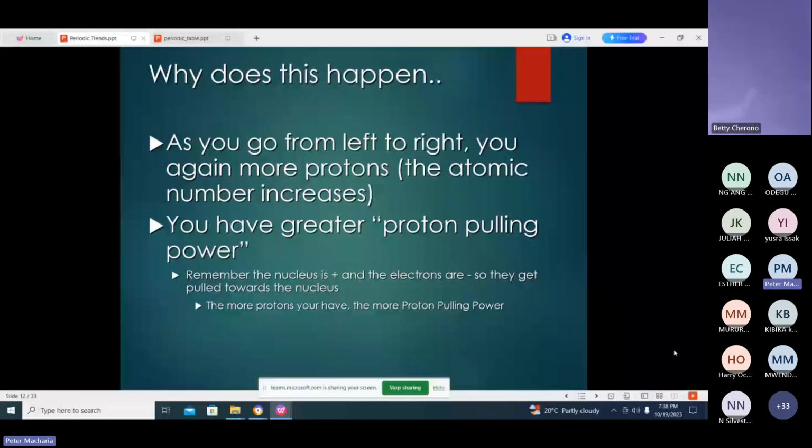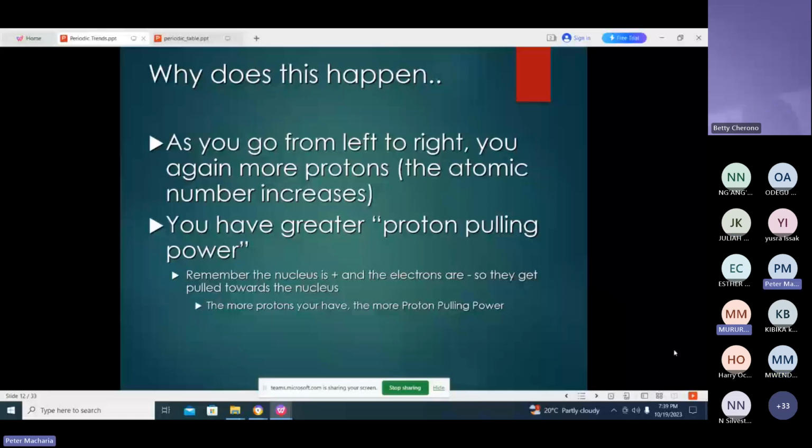So the net pull per electron increases across the period, and that is why the atomic radius decreases, because those electrons are getting more and more attracted towards the nucleus because of unshielded protons. Are we together?